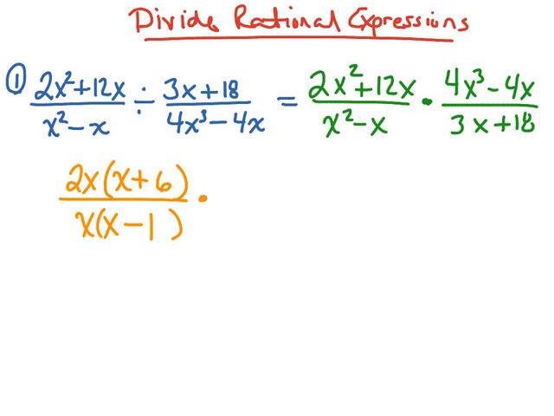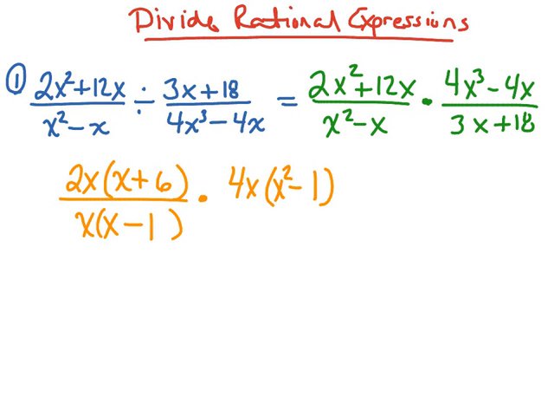Now I'm going to go to that second rational expression, and I'm going to go ahead and factor it. 4x to the third minus 4x has a GCF, and that is a 4x. 4x times what will give me 4x to the third? In this case, that's going to be an x squared. 4x times what will give me a minus 4x?